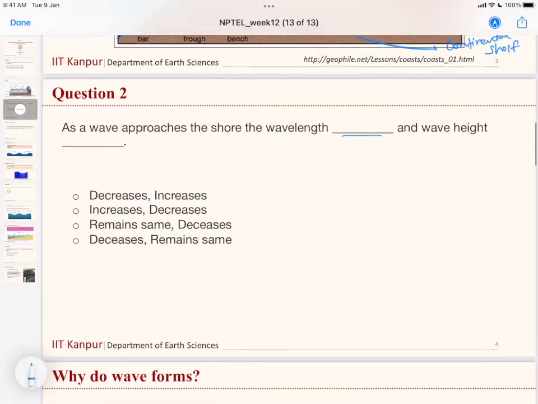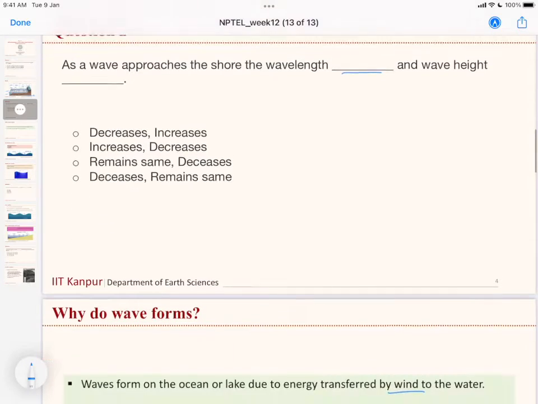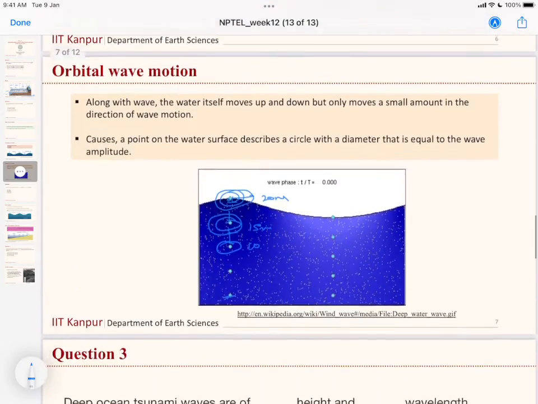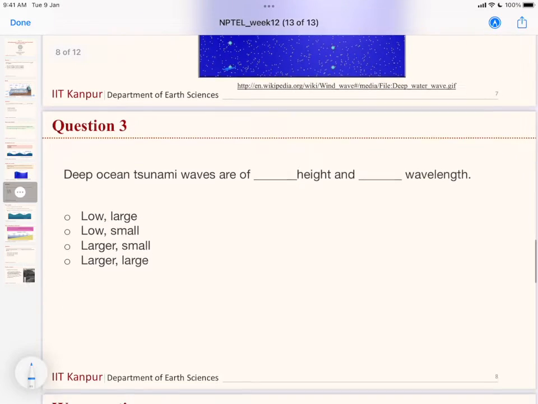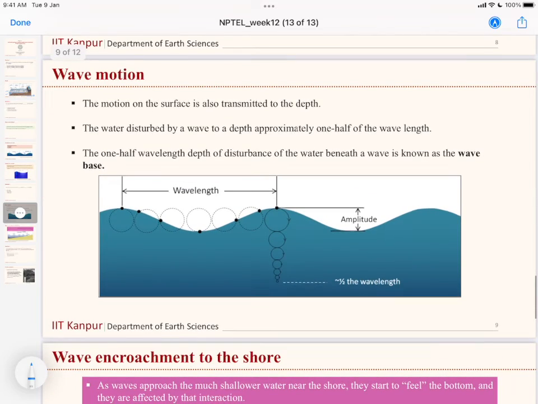Okay, there's a change in sequence, but don't worry. Now we have to come over here. As I was saying, at some depth this energy will vanish completely. So what is that depth? It's equal to 1/2 of the wavelength.